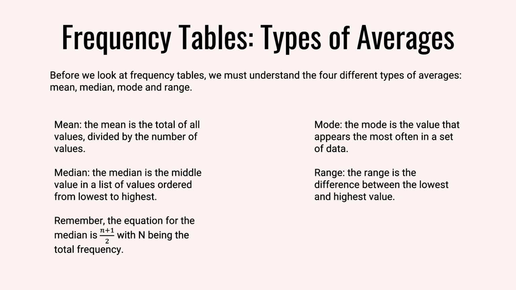The median is the middle value in a list of values ordered from lowest to highest. Remember, the equation for the median is n plus 1 divided by 2, with n being the total frequency added up. The mode is the value that appears the most often in a set of data, and the range is the difference between the lowest and the highest value.